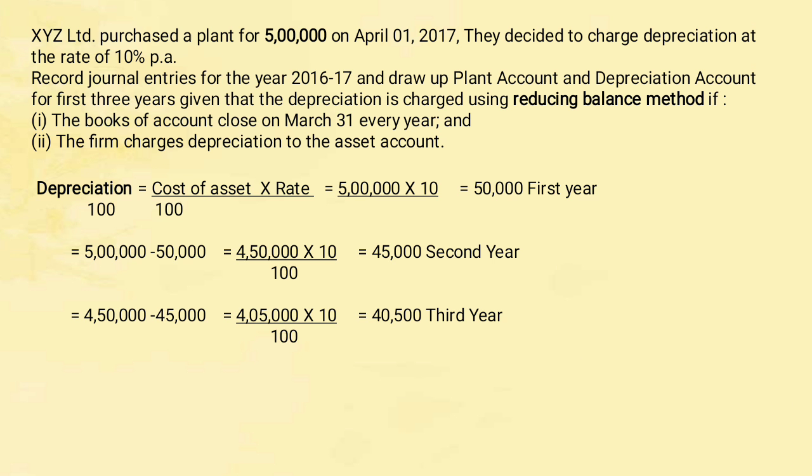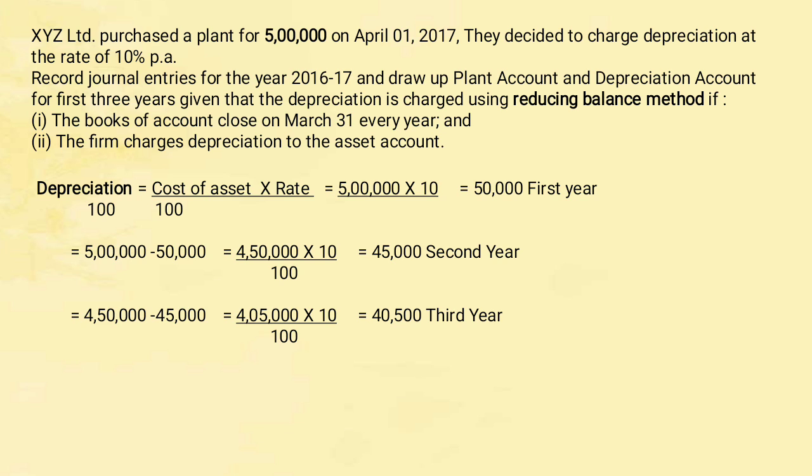So it was the question of the fixed or straight line method. Now next we have the example of the reducing balance method. Here you can see the purchase of plant was rupees 5 lakh, and we decided to charge depreciation at the rate of 10% per annum.